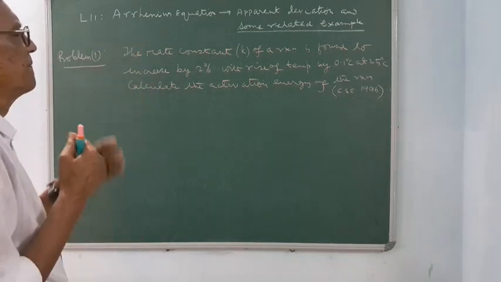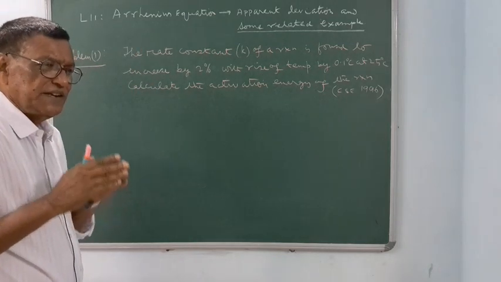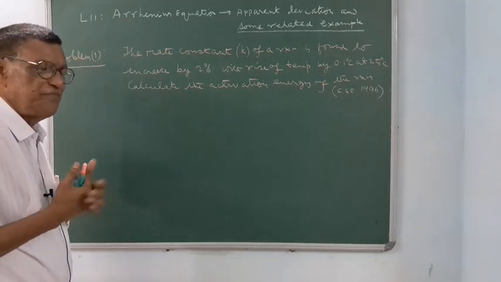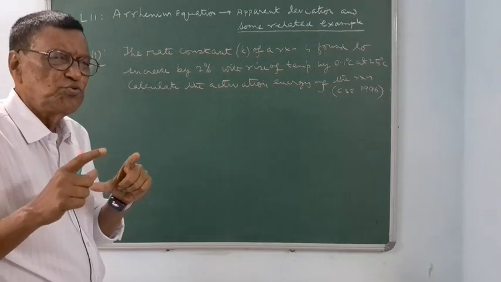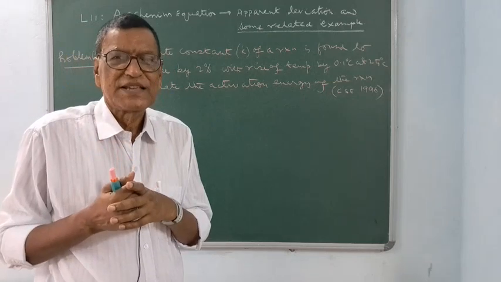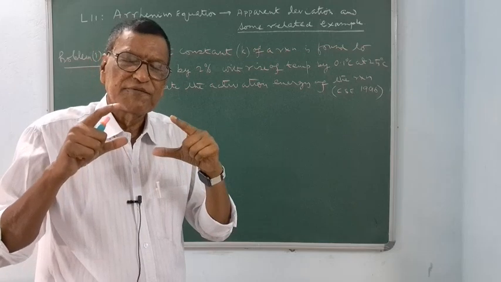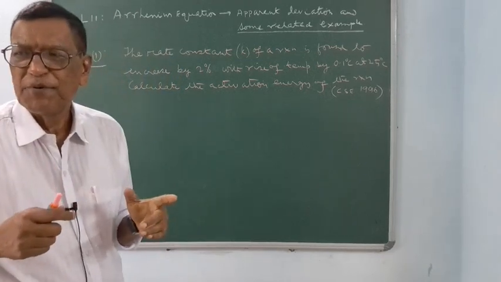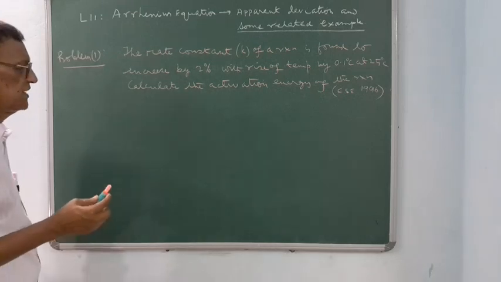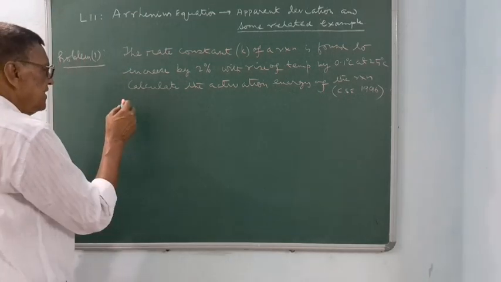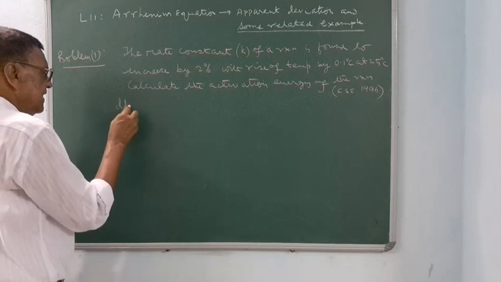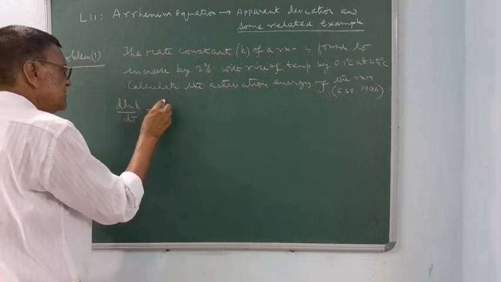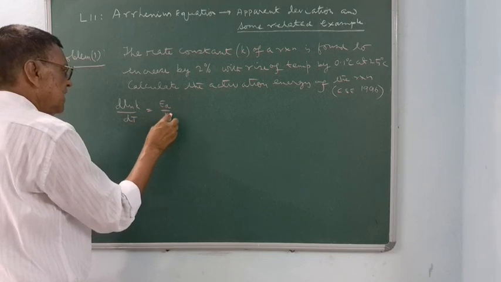So how could you solve this problem in the easiest way? We have the Arrhenius equation. You can remember there are 4 different forms of the Arrhenius equation, and one important relation is d ln K by dT equal to activation energy divided by RT square.